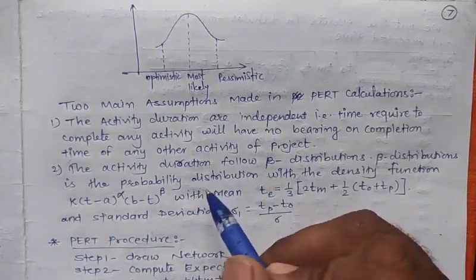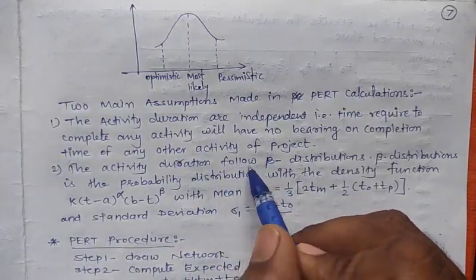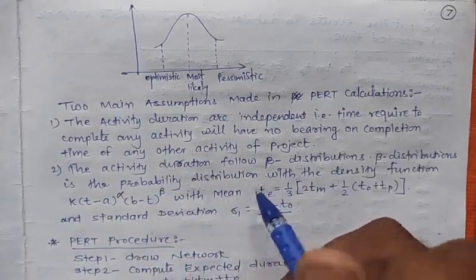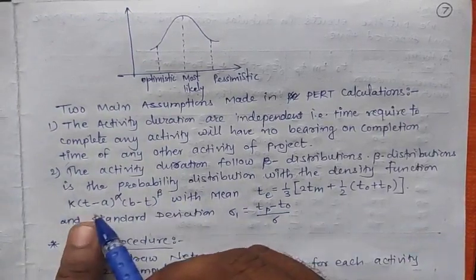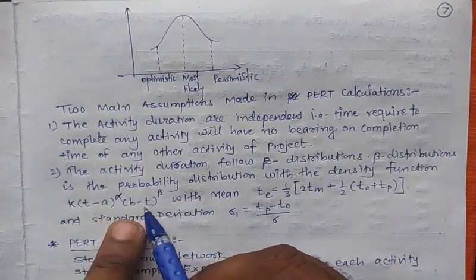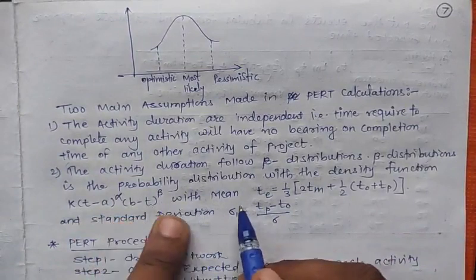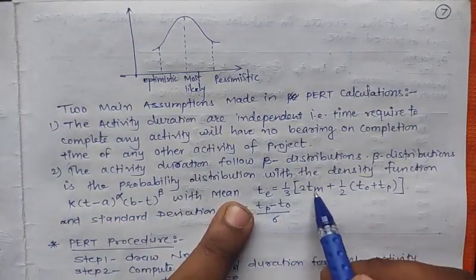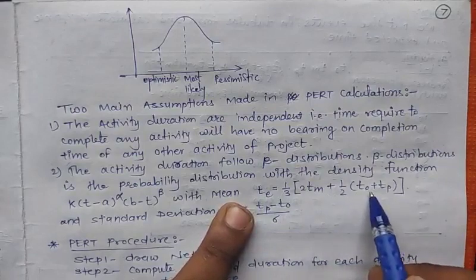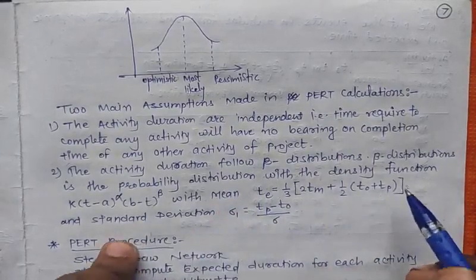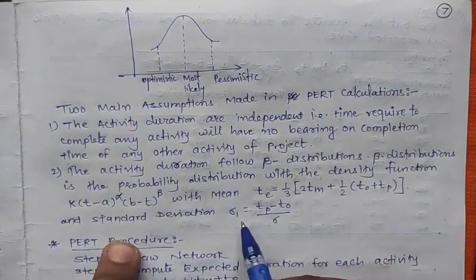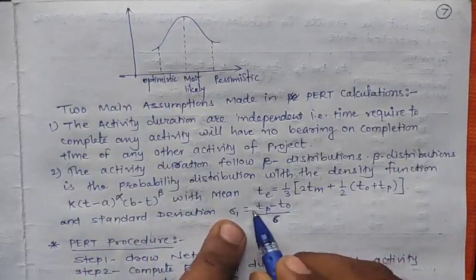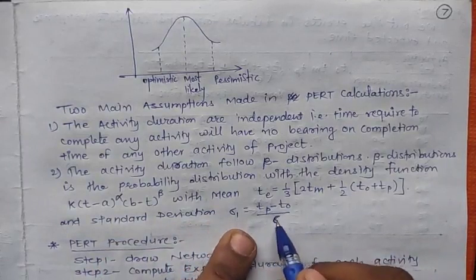And the second one is that the activity duration follows a beta distribution, which is a probability distribution with the density function k times (t minus a) raised to alpha into (b minus t) raised to beta, with mean TE equal to 1 upon 3 times (2 Tm plus 1 upon 2 times (T naught plus Tp)), and standard deviation calculated by the formula sigma equal to (Tp minus T naught) upon 6.